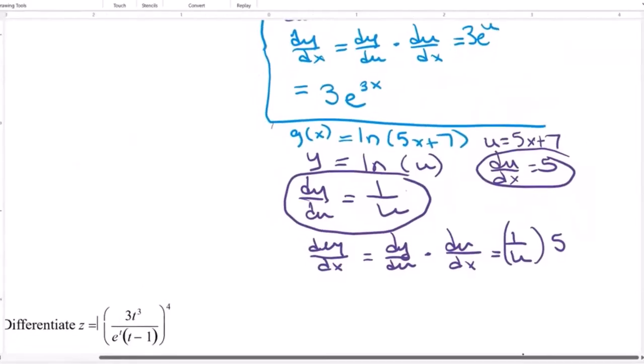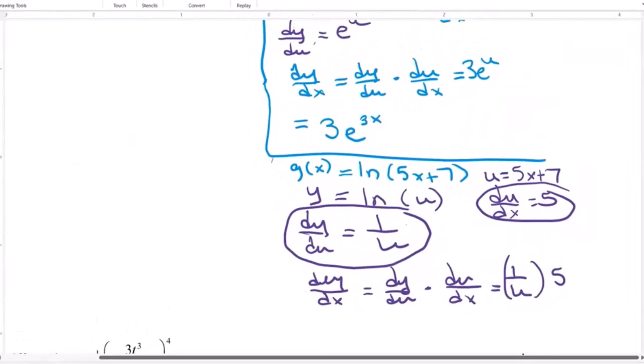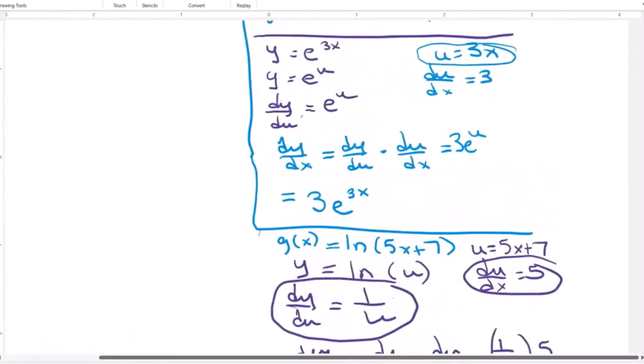So let's continue. This dy/dx is actually the derivative of g of x with respect to x, which is equal to dy/du, which is 1 over u, and u is 5x plus 7. I substituted that, times 5. And now I have my g prime, which is 5 over 5x plus 7.